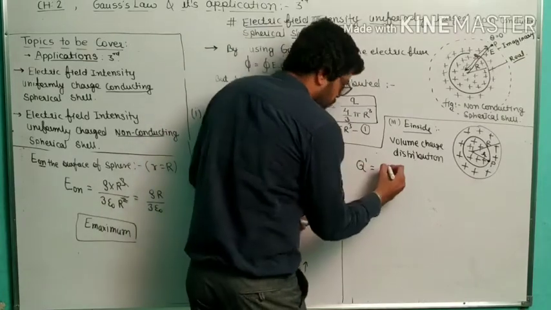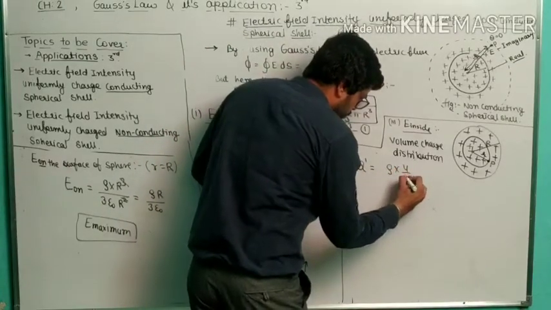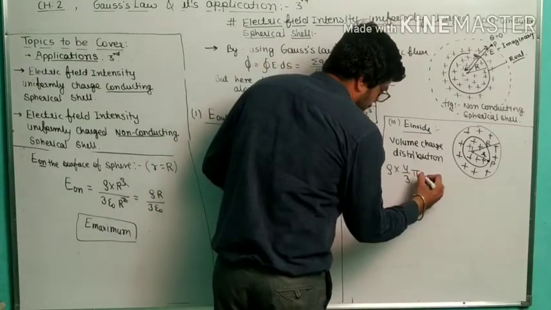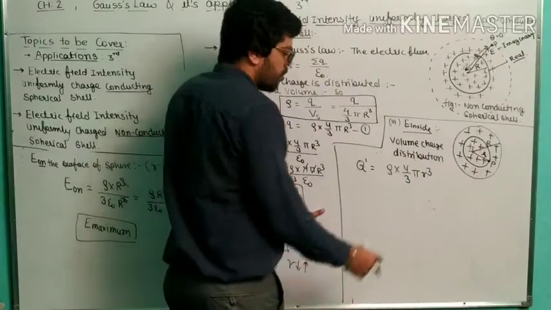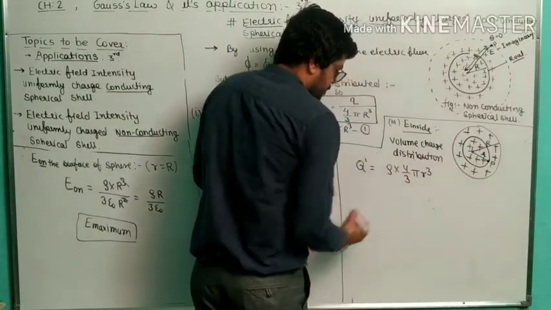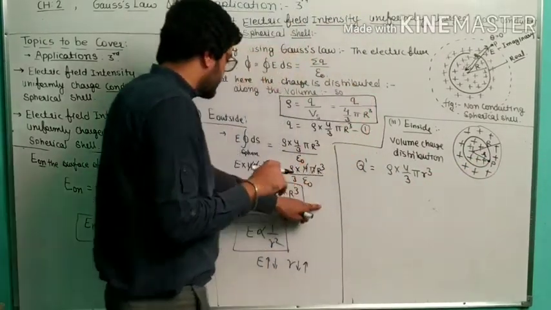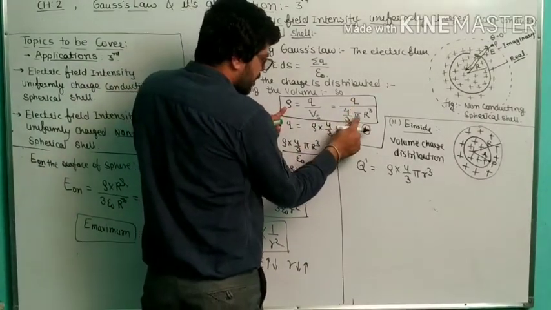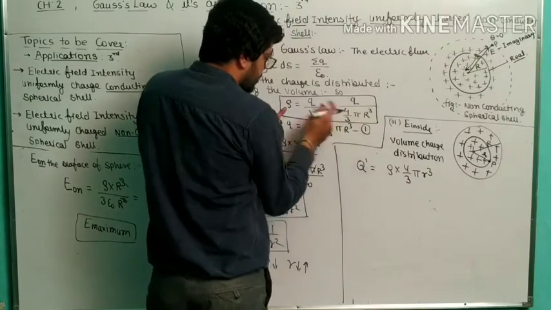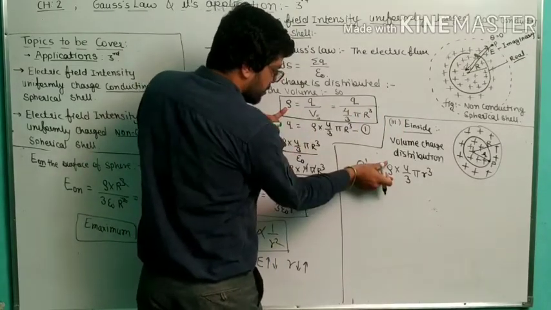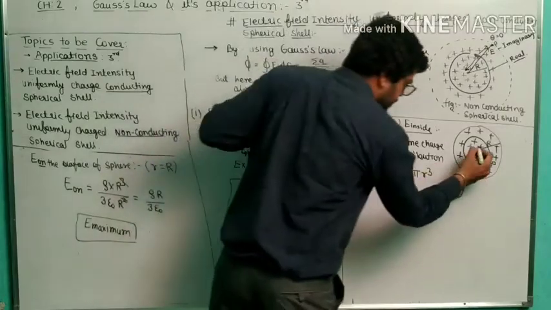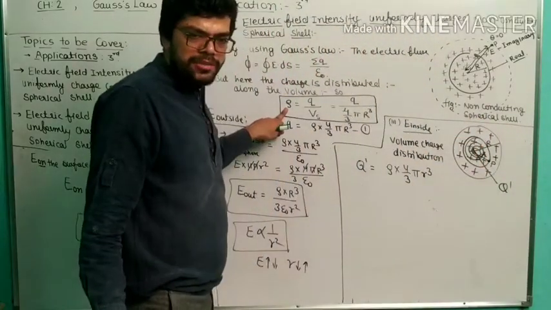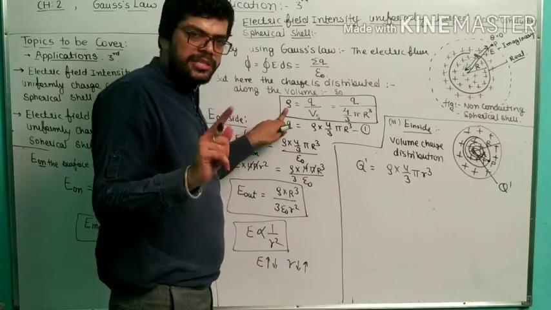Q dash is equal to rho into 4 by 3 pi r cube, the volume of the sphere, because we have to take small r. And previously you can see that rho is equal to Q by 4 by 3 pi R cube. So this mathematical expression we are putting in this case. This overall charge we are assuming as Q dash. Please try to understand.